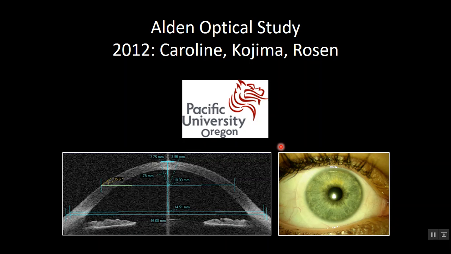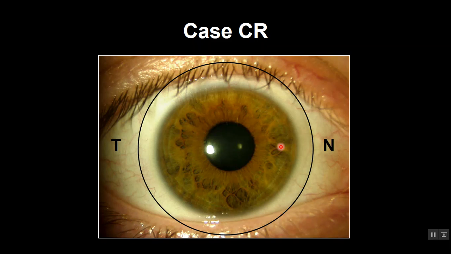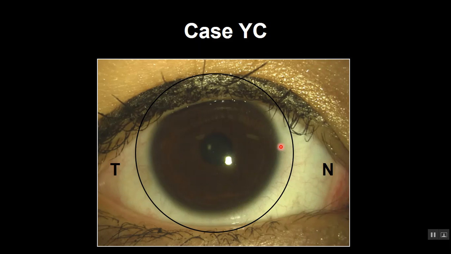Now, we looked at sagittal depth in our patients and the centration of these lenses based on sagittal depth. Are the lenses positioning perfectly centered to the visible iris? So let's take our first patient, and we notice for patient YC, the lens appears relatively centered.